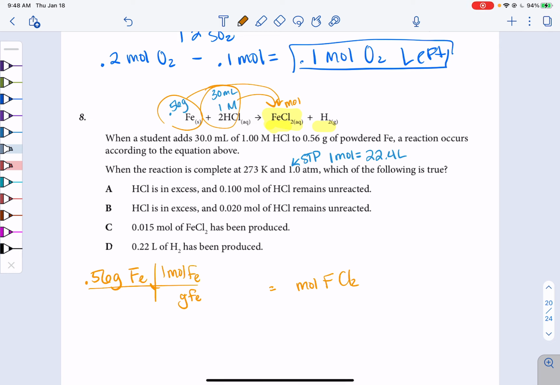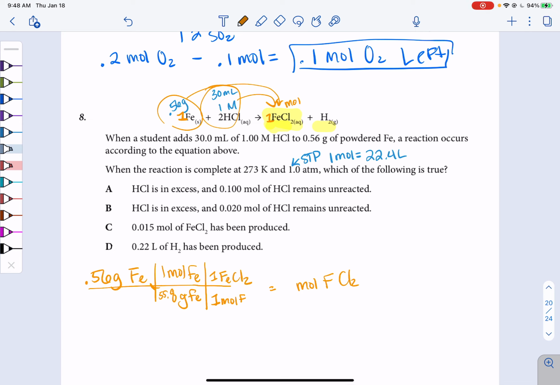And I've already done it, and it's, let me find it, 55.8 or roughly 56. And then once I'm in moles, remember once you're in moles, you can do that direct transfer through the equation right there. So I have moles of iron. For every 1 mole of iron, I get 1 mole of iron chloride.